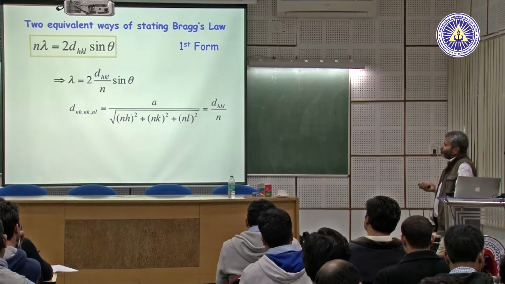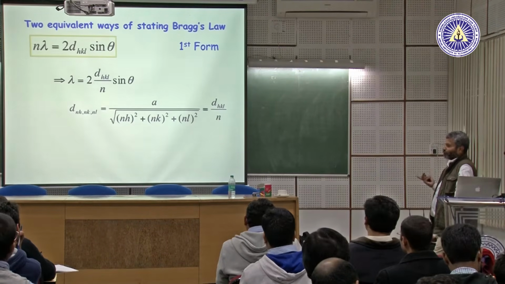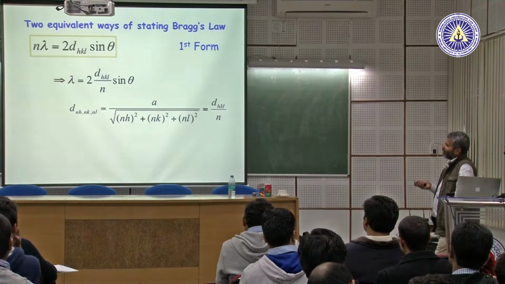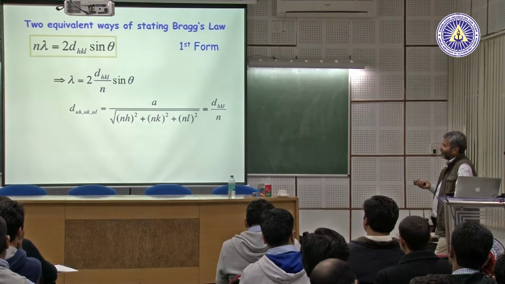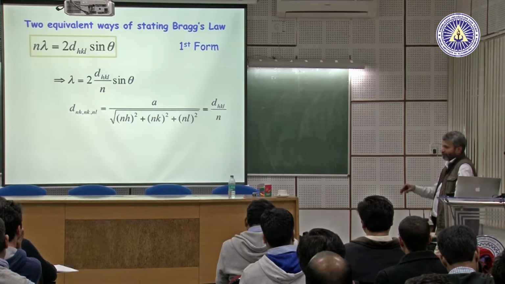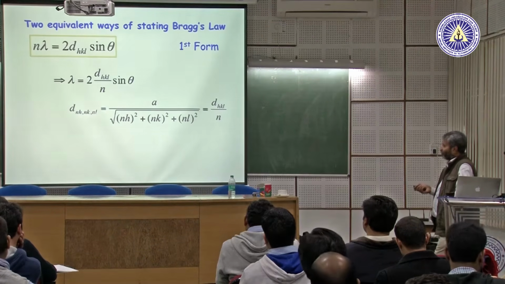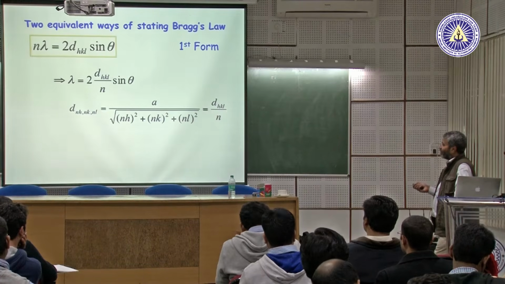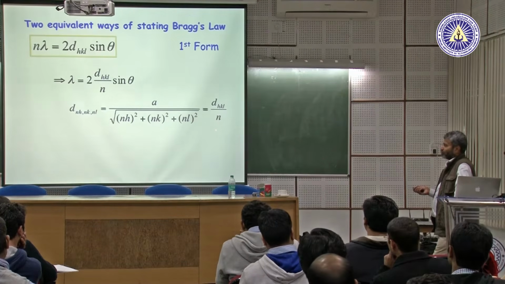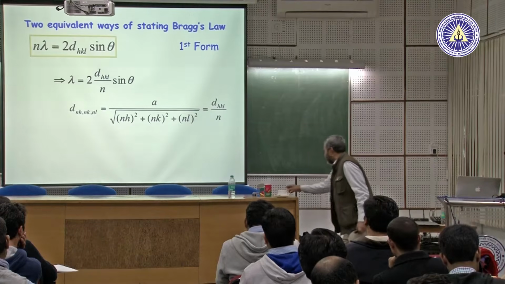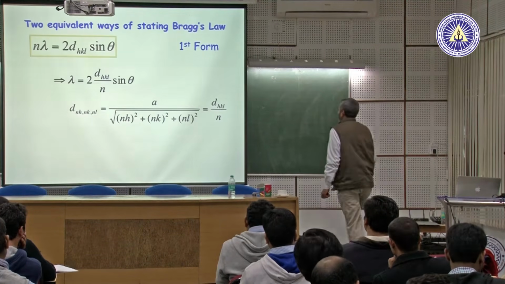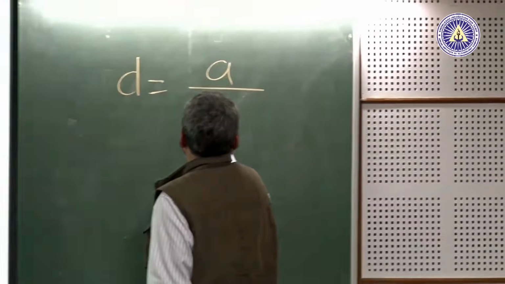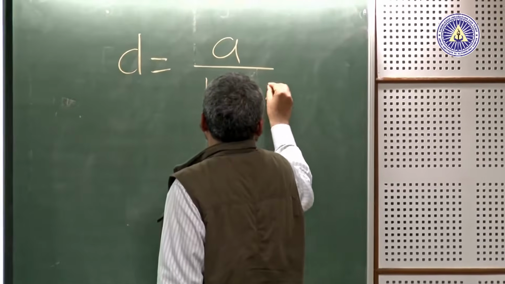Now if you use the d HKL formula, I am assuming a cubic crystal, but it is true for all crystals, that if you find the d for nh, nk, nl, and d is the lattice spacing, plane spacing. So if you take d 222, it will come out to be d 111 by 2. This is always true. So in cubic crystal, d HKL is a by square root of h square plus k square plus l square.